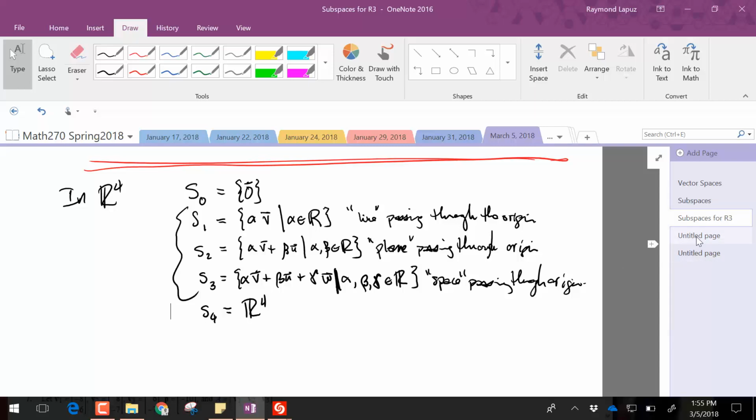Any questions? Yes. Yeah, so that's the dimensional space that you can look at. That's a proper subspace.